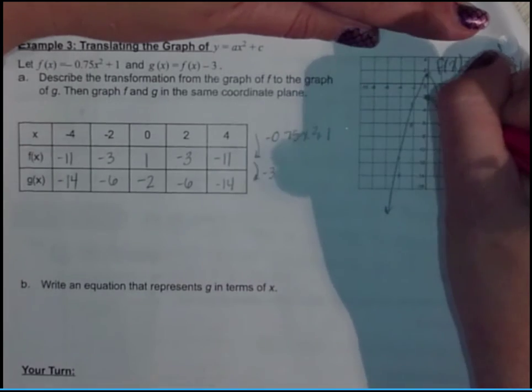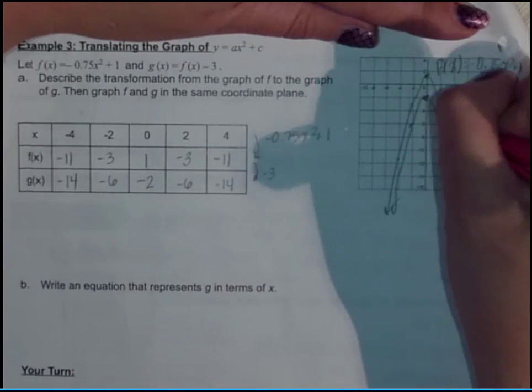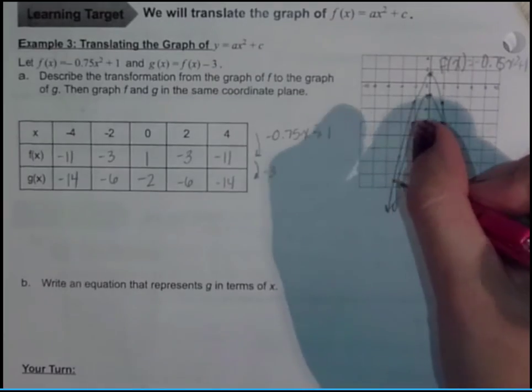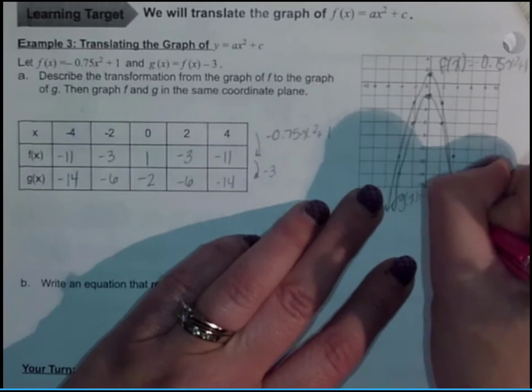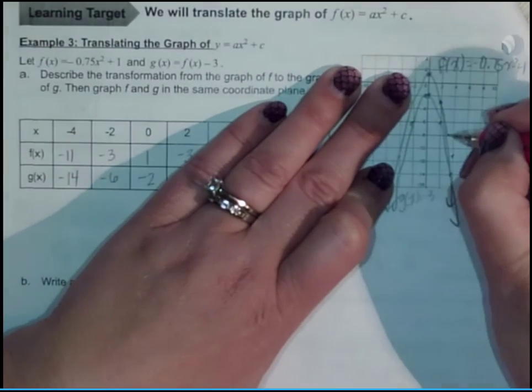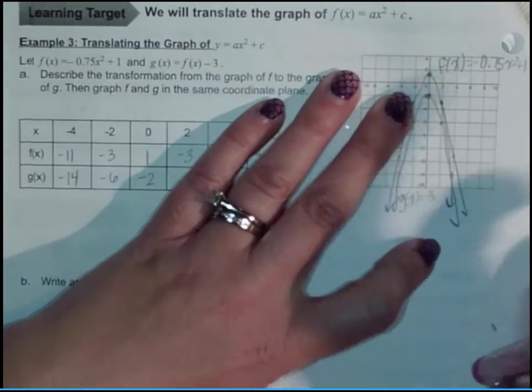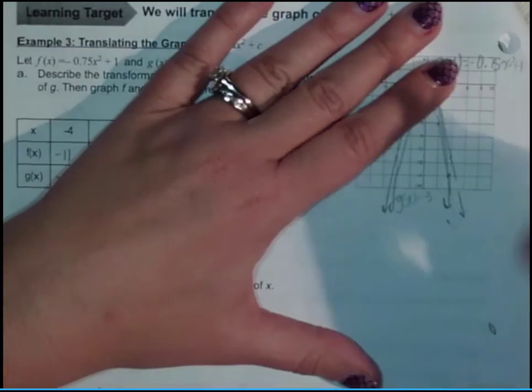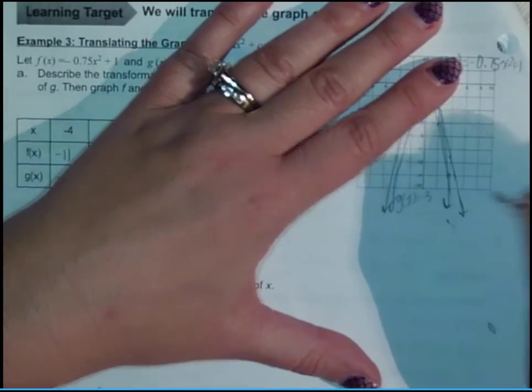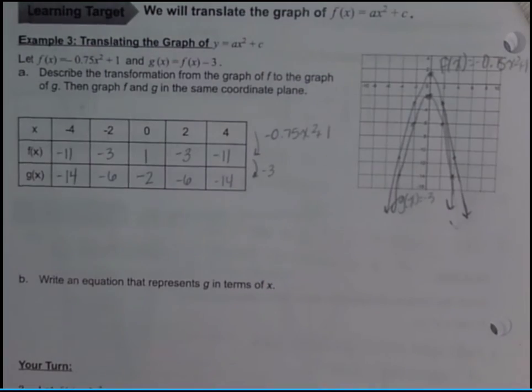I've got to be careful how I draw my parabola there. So this here is my g of x equals -3. I should really have been more careful with my drawings. Make sure, because otherwise your graph isn't going to make much sense, like mine didn't. So make sure you graph that correctly.